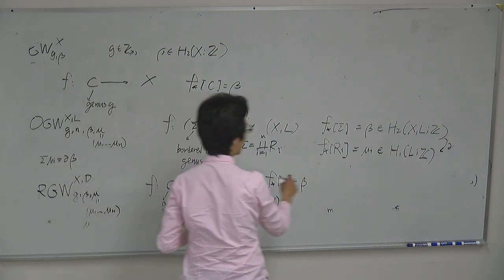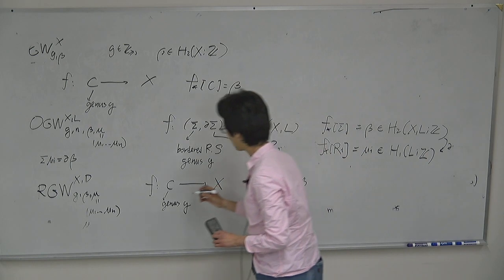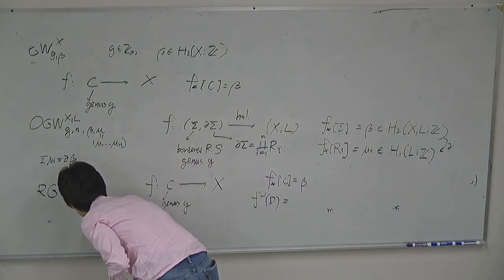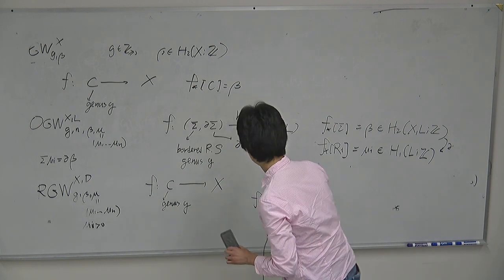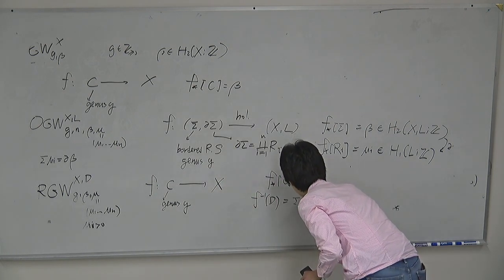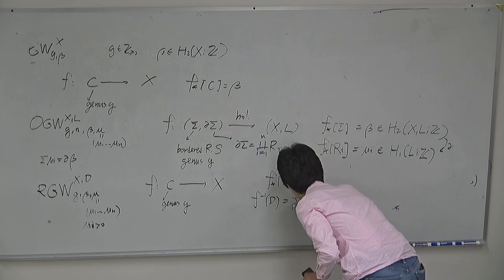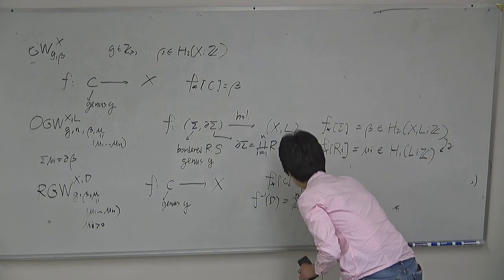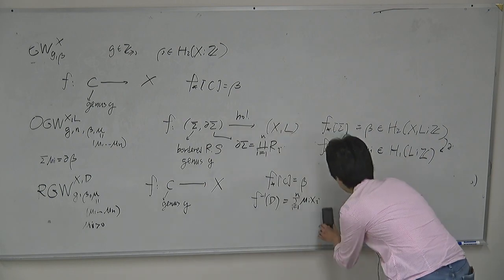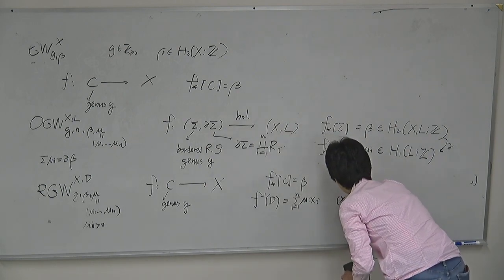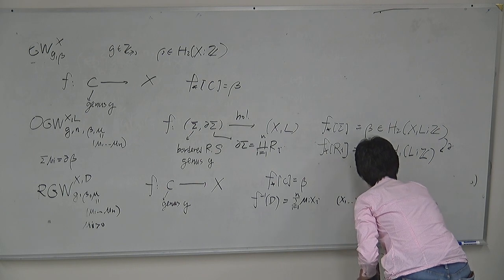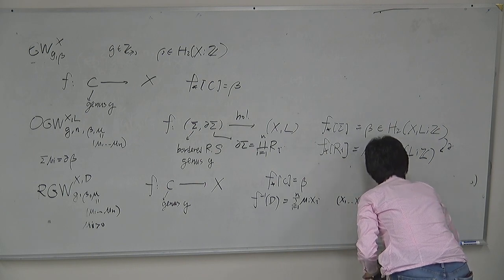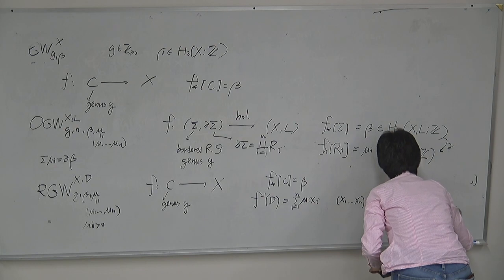Here each mu_i is just a positive integer, and x_1 to x_n are distinct points on the domain.